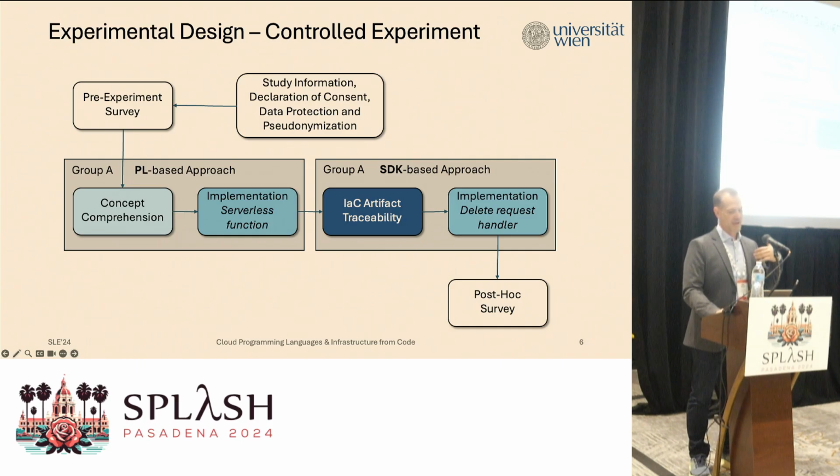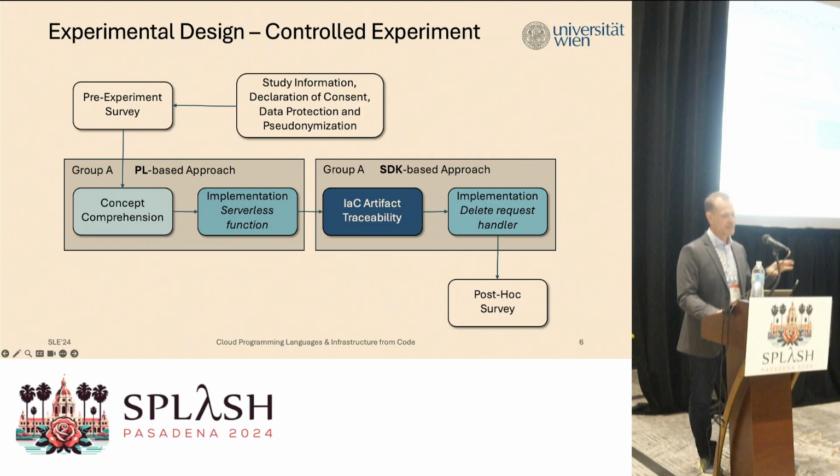And then we asked about the independent variables in a pre-experiment, like age, the prior knowledge, work experience, etc. And then they had to do 4 tasks with about 2 subtasks each, whereas they worked on both approaches.